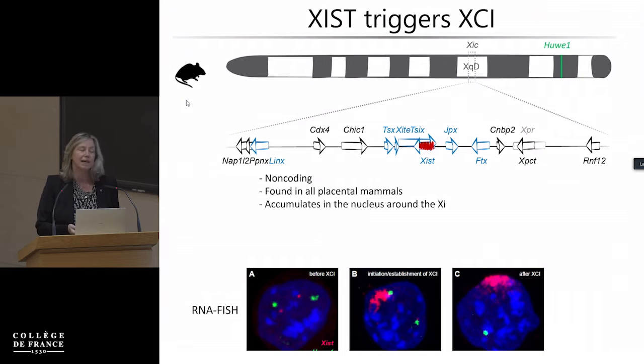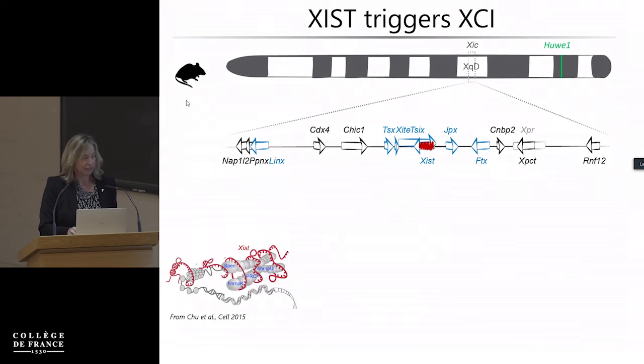It is a trigger, and it is only recently that we began to understand how XIST is working, and that comes from the work of many labs, again, including that of Edith. What those people have shown is that XIST serves as a recruiting platform for several protein complexes.